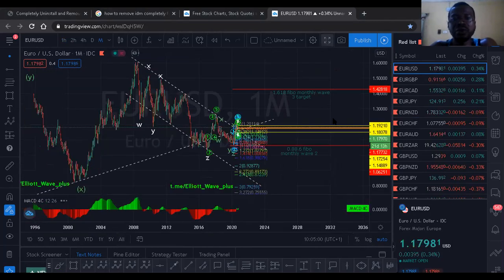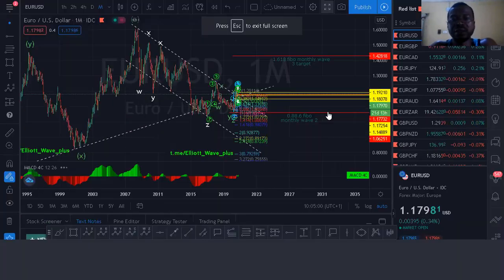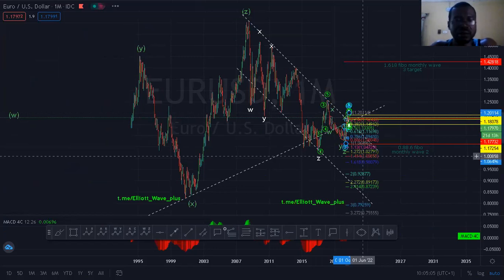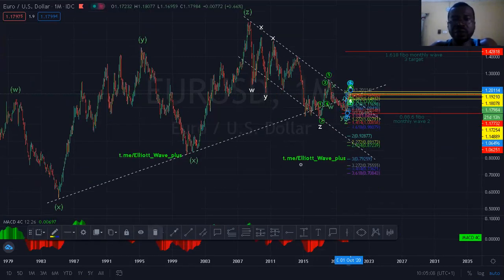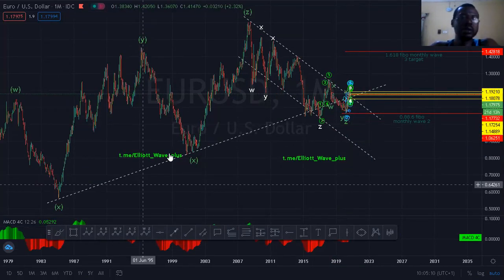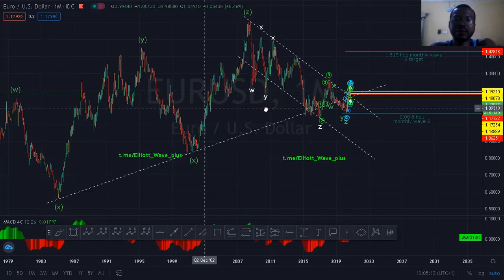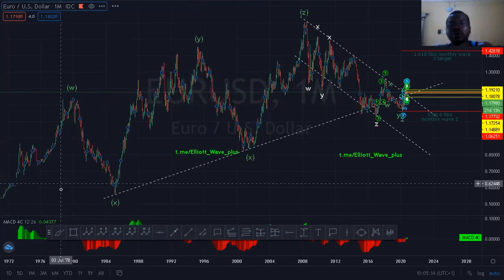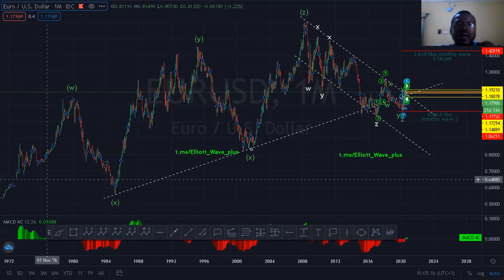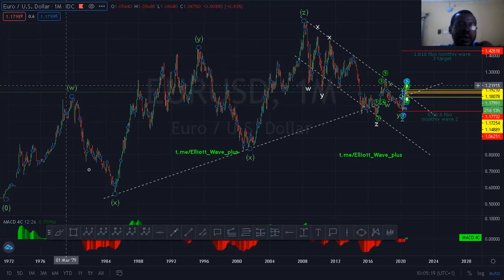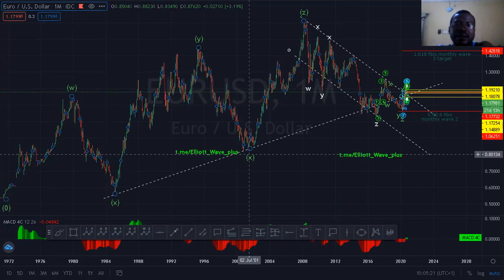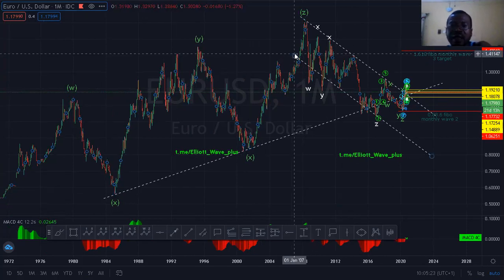So this is a monthly chart on Euro USD. Let me remove all these things so that we see clearly. So in the monthly chart, we have a complete structure: WXYXZ. It is a 5 swing movement, that is the complete structure.